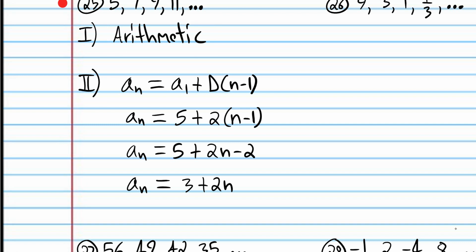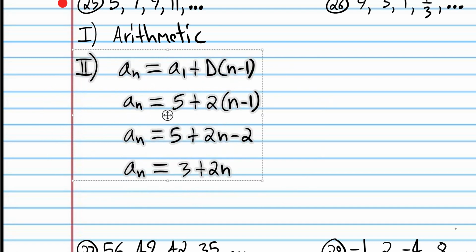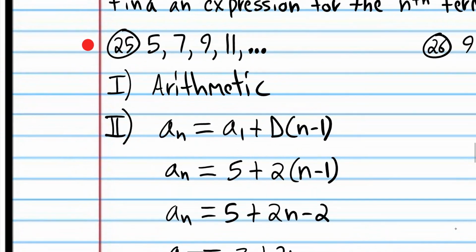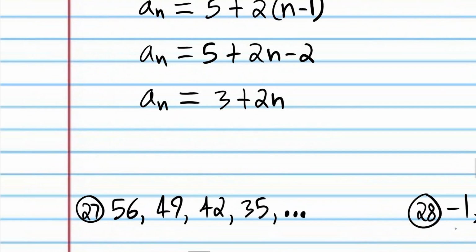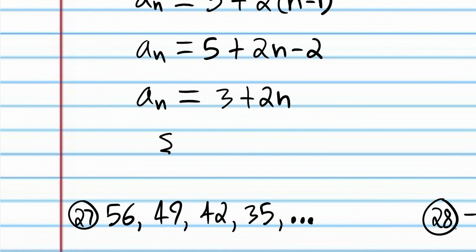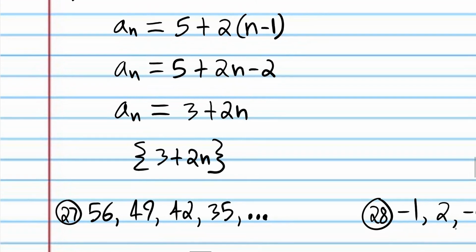And because we're used to writing those expressions in braces, I'm going to write the final answer in that form. You could write the nth term in this form, but mathematicians prefer this way because you don't have to write the equal sign in the a subscript n.